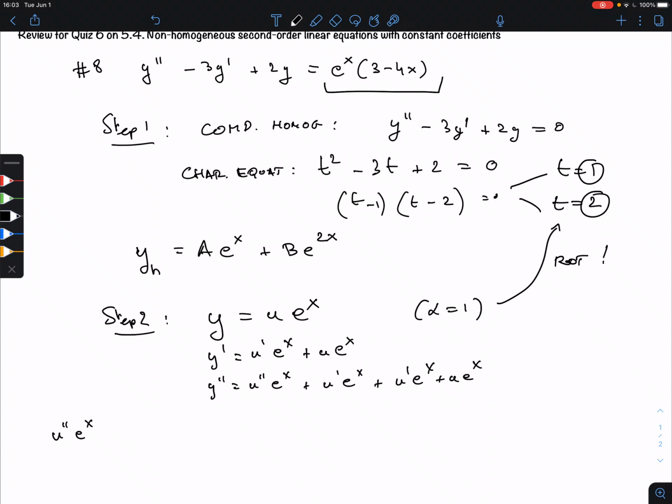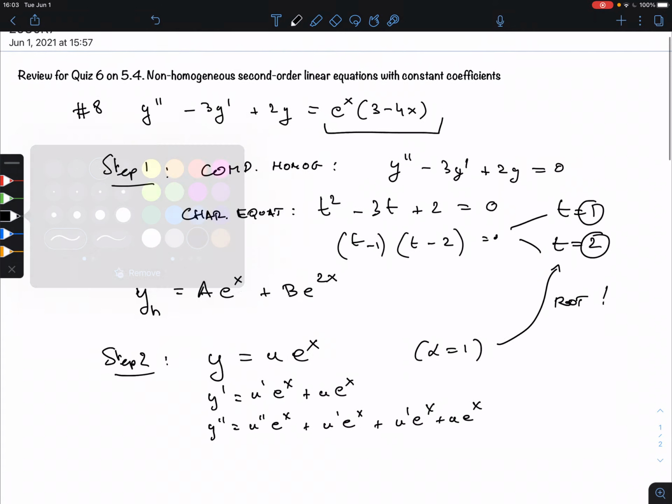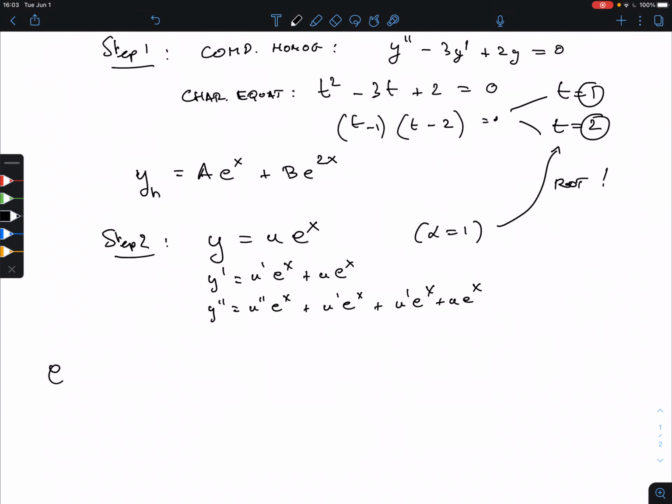In general, we want to be economical, and we know that we will have an e^x on both sides. That's the whole point of this substitution, which we should perhaps box, because we have to go back to it. We're going to find u, and then we have to go back to find y.